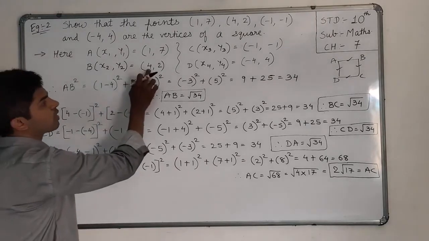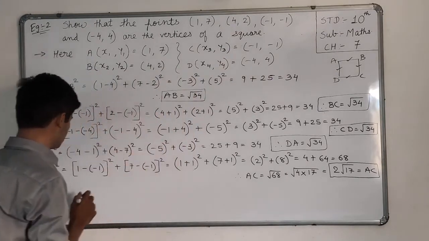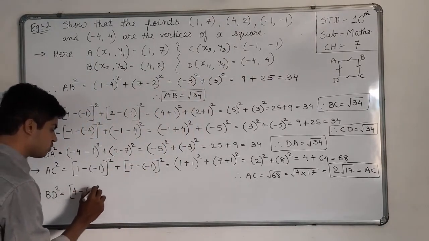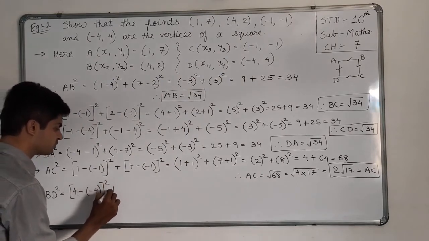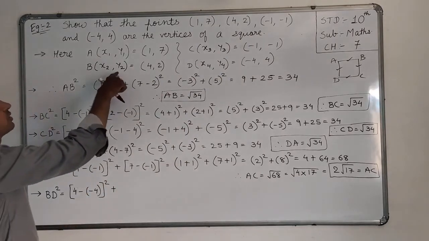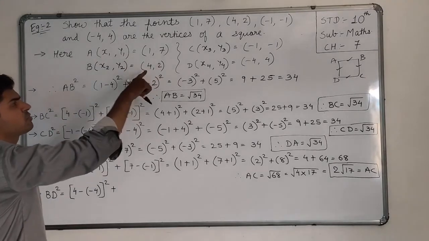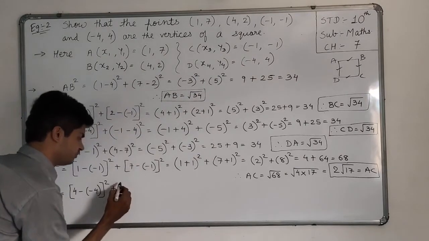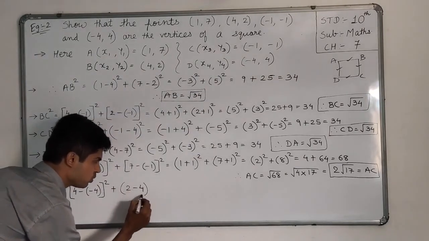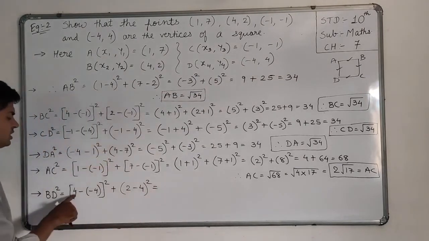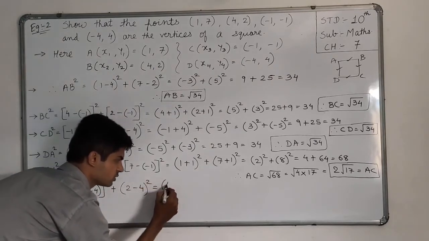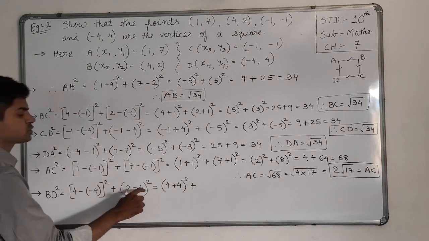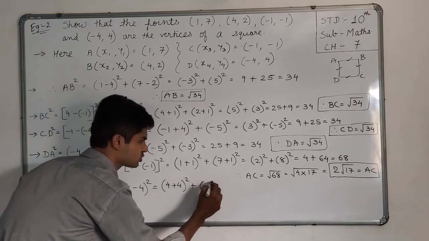B की फर्स्ट value 4 और D की फर्स्ट value -4, so what we are going to do: 4 minus -4 whole square, understood? Okay, second value of B minus second value of D, so 2 minus 4 whole square. If you solve this, 4 plus 4 whole square plus 2 minus 4 का आंसर -2 whole square आएगा.